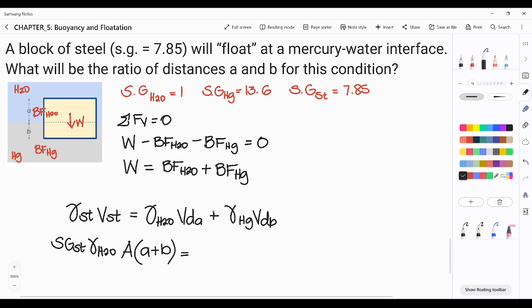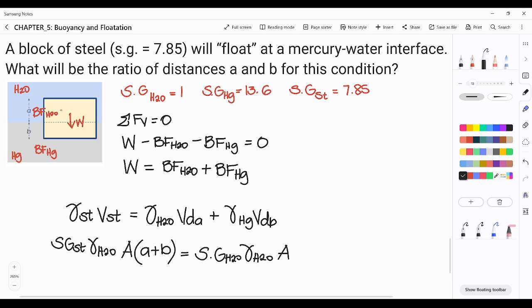For gamma naman ng water, this is simply the SG of H2O times gamma of water times the volume displaced, which is the area of the block times the submerged part in that fluid.